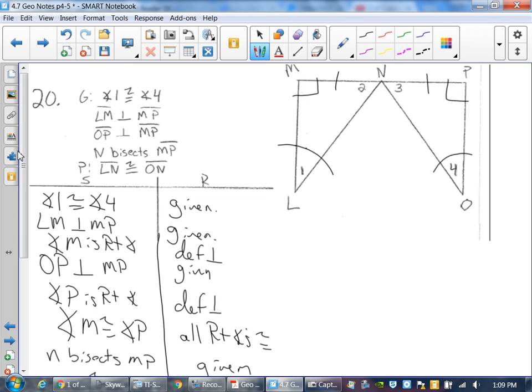Why do we have congruent triangles? Angle, side, yeah. If you wrote down side angle, would I be mad at you? No, it's okay. I mean, we just don't normally say it that way, that's all.